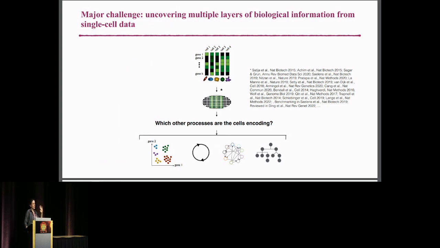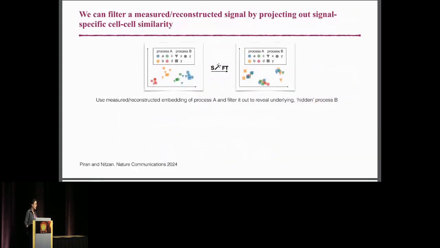Basically, we have our single cell data. Can we now filter the layer of information that we already reconstructed or measured experimentally to recover what additional layers of information are encoded by the cells? A different way of thinking about this problem, as you see here on the screen, on the left, we have the original representation of the data.